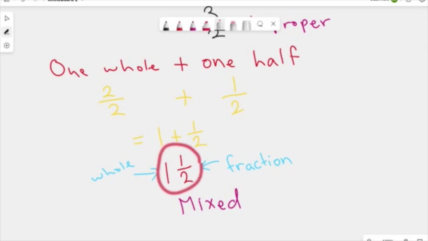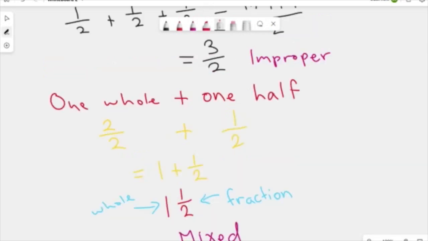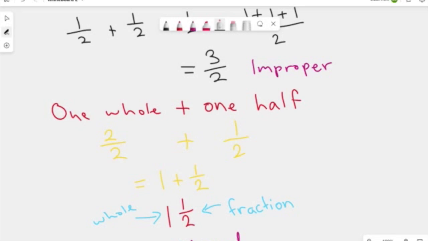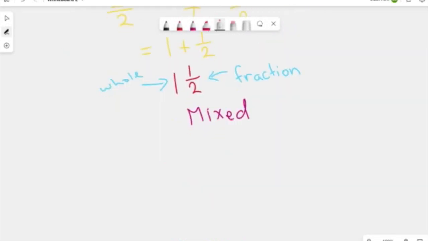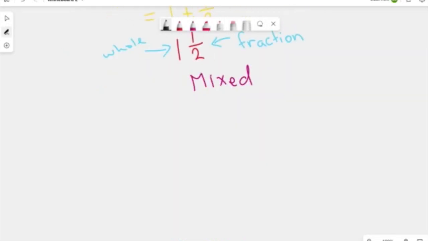And we have this written in a mixed form, so we have our whole number and our fraction component. So we can often move back and forth between these. So our 3/2 is interchangeable with our 1 and a half.